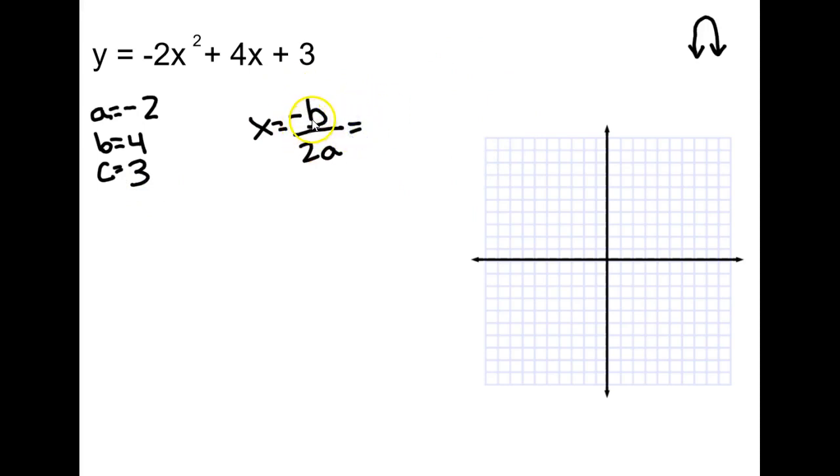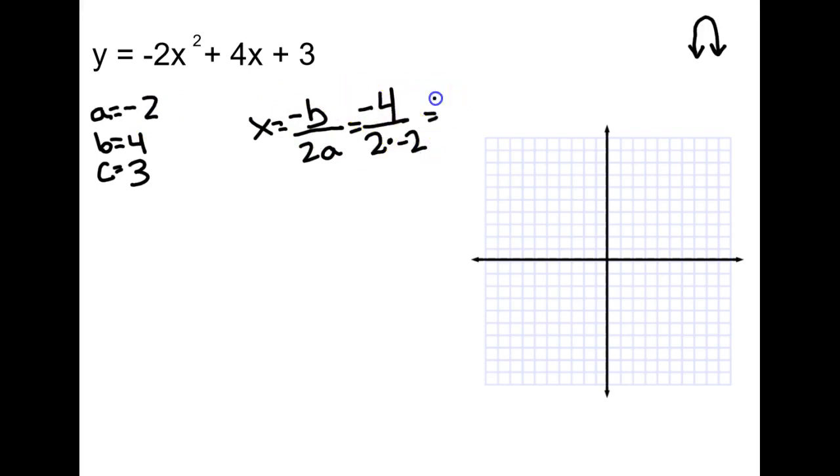Our axis of symmetry is at negative, so write negative, sorry, negative 4. Negative b is negative 4. And then on the bottom we have 2 times negative 2, because our a is negative 2.